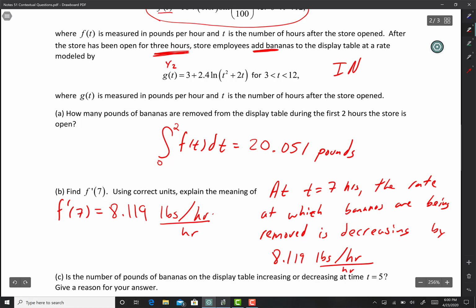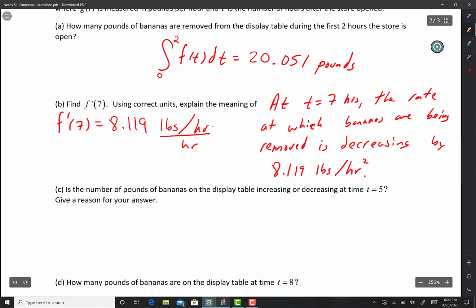If you want to write pounds per hour squared, that's fine. Or if you just want to spell it out, pounds per hour, it probably makes more sense. And there it is, guys. All right, let's keep going.